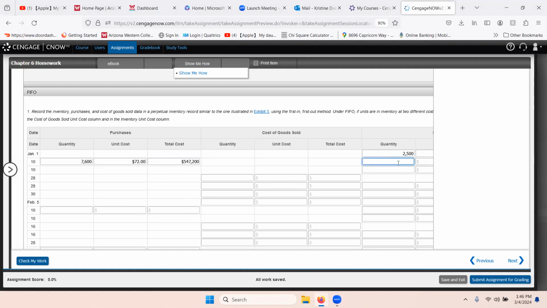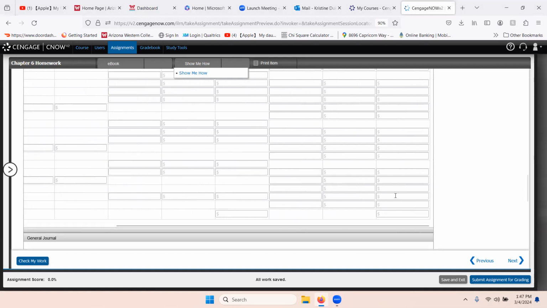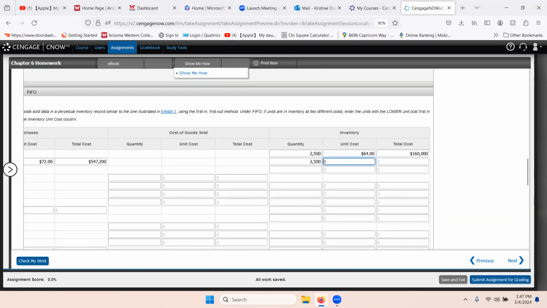Now it wants me to come over here and enter the data for the inventory. Remember, when I was doing my problems in the classroom, we pretend this is a yellow batch and this is an orange batch. We have to keep these batches separate because we're tracking the number of units at what cost. So 64, and that's 160,000.